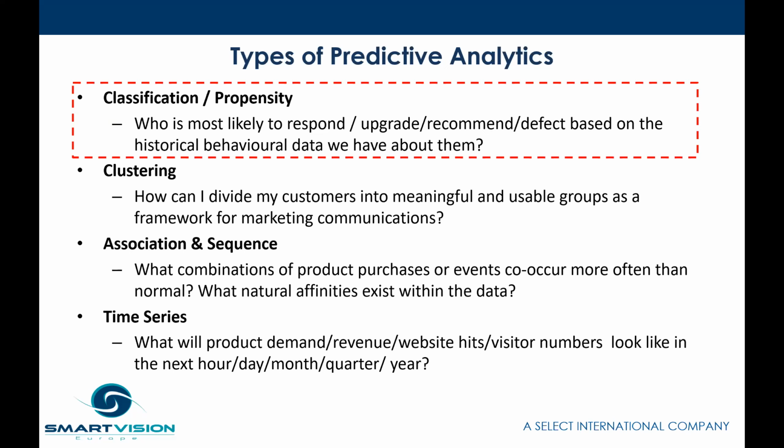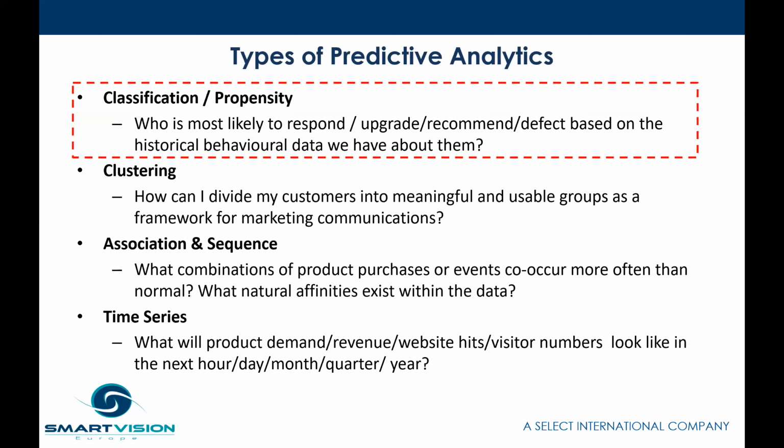And time series, which is forecasting, where we want to extrapolate, for example, things like demand or revenue or visits or repairs into the next hour, week, month, quarter, year, etc. These are all types of predictive analytics. We're really focused on the first one here, classification propensity.